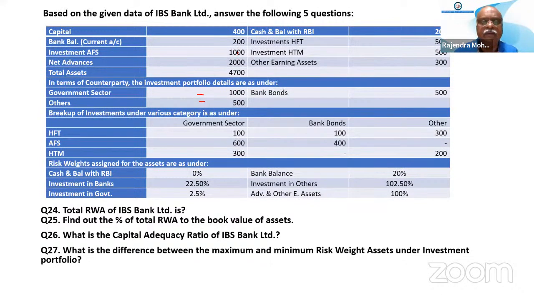Total investment is 2000 only, here also 1000 plus 500 plus 500, 2000. It is differentiated because the government sector carries 2.5% risk weight, bank bonds carry 22.50%, and others carry 102.50%. So this is the total for which we have calculated.